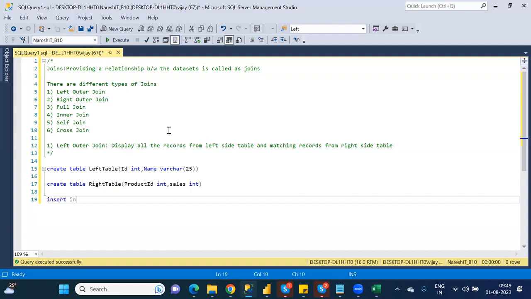Insert into table name. What is the table name here? What are the values?